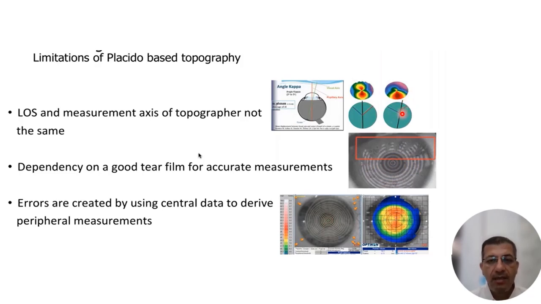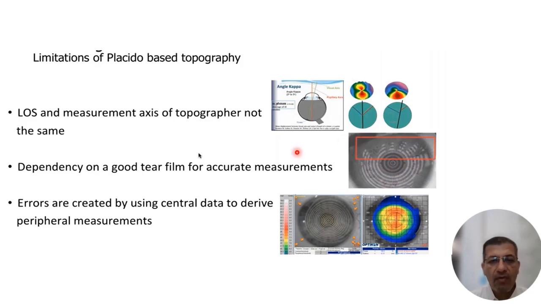However, when the eye is misaligned, or you have variations of angle kappa, it gives you a false impression that this is a keratoconus. Especially this is true for the axial map. That's why we said in previous slides that to determine the shape of the apex of the cornea and the shape of the cone, it is better to rely on the elevation map rather than the axial map.